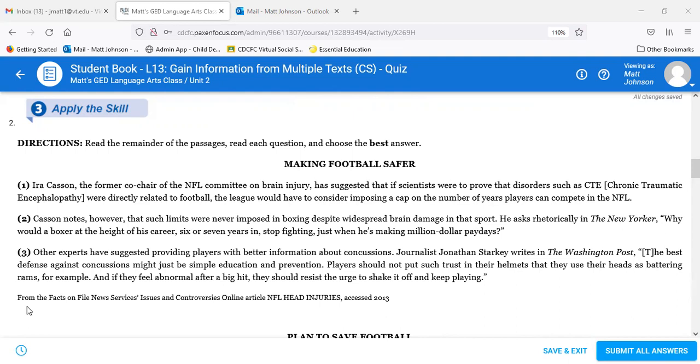Players should not put such trust in their helmets that they use their heads as battering rams, for example. And if they feel abnormal after a big hit, they should resist the urge to shake it off and keep playing. From the Facts on File News Services, Issues and Controversies online article, NFL Head Injuries, accessed 2013.